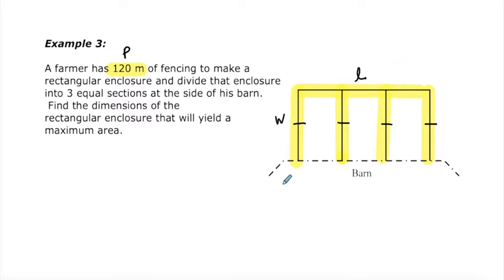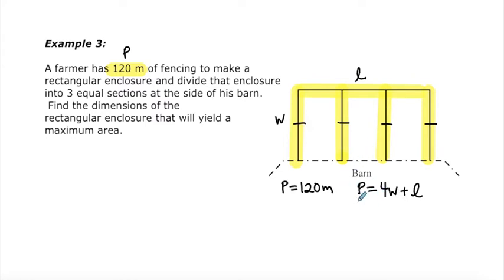So I only have 120 meters of fencing, so the perimeter of this yellow part has to be 120 meters. Now, if I was trying to come up with an equation to represent the perimeter of just the yellow section, I would have 1, 2, 3, 4 W's plus L, okay?